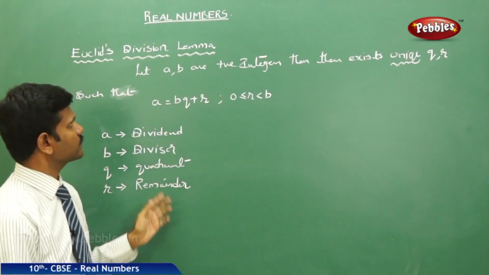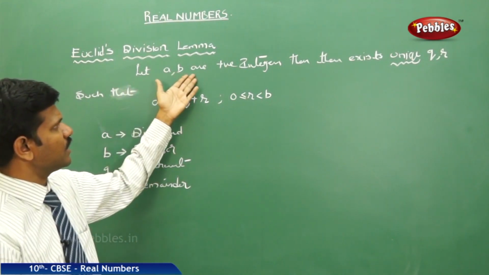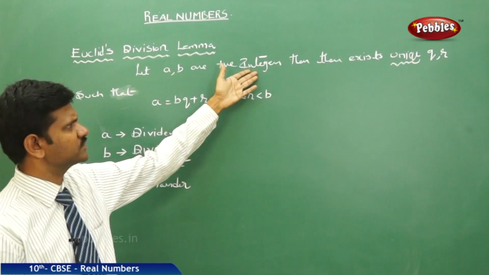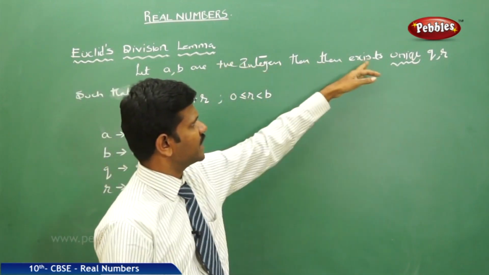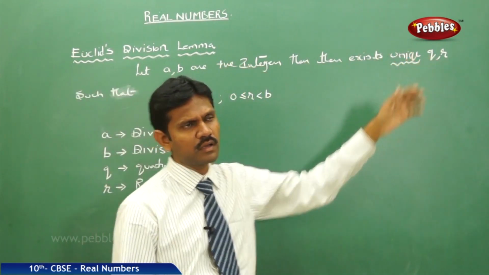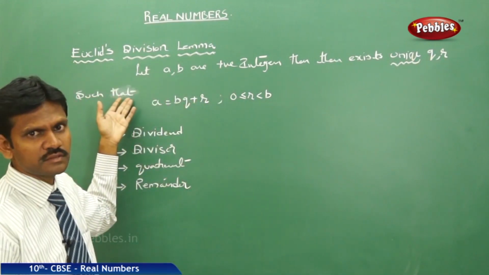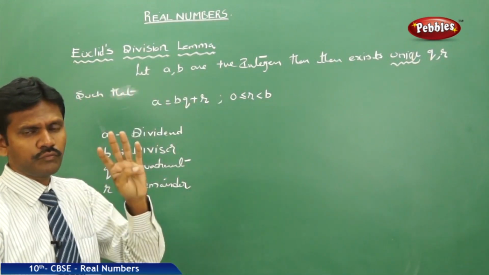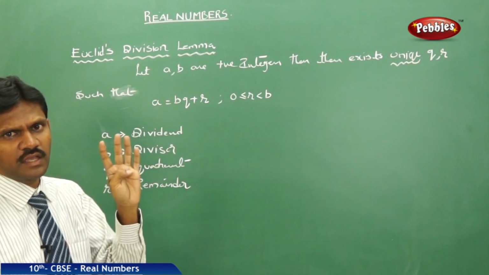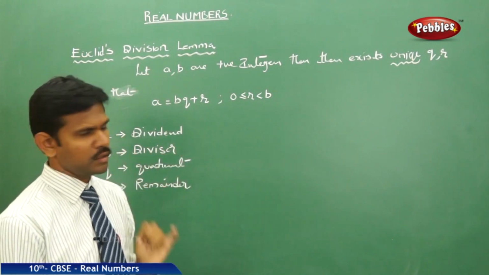Once again I repeat: let a, b be any two positive integers, then there exists a unique q, r such that, here we can observe four different variables, that is a, b, q, r.